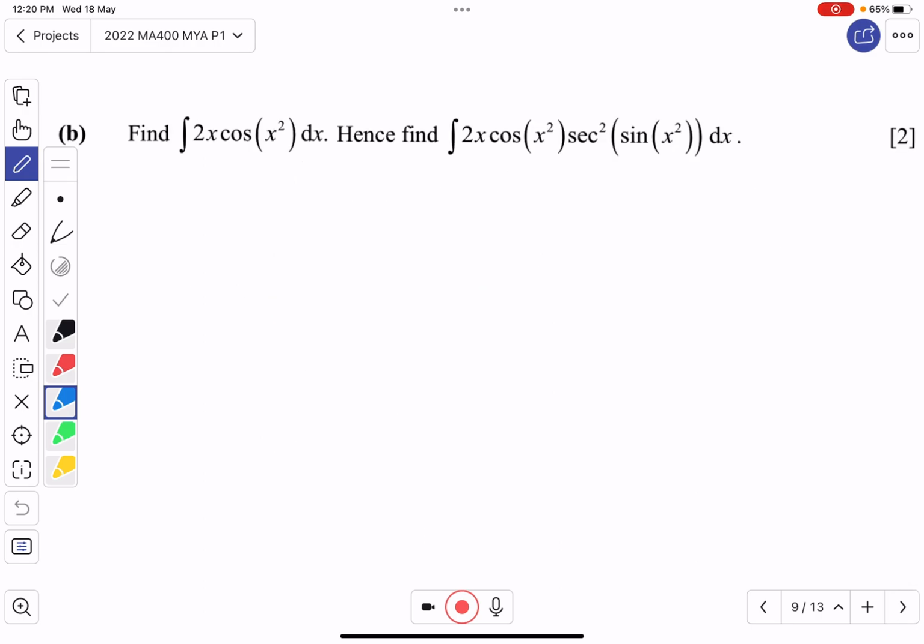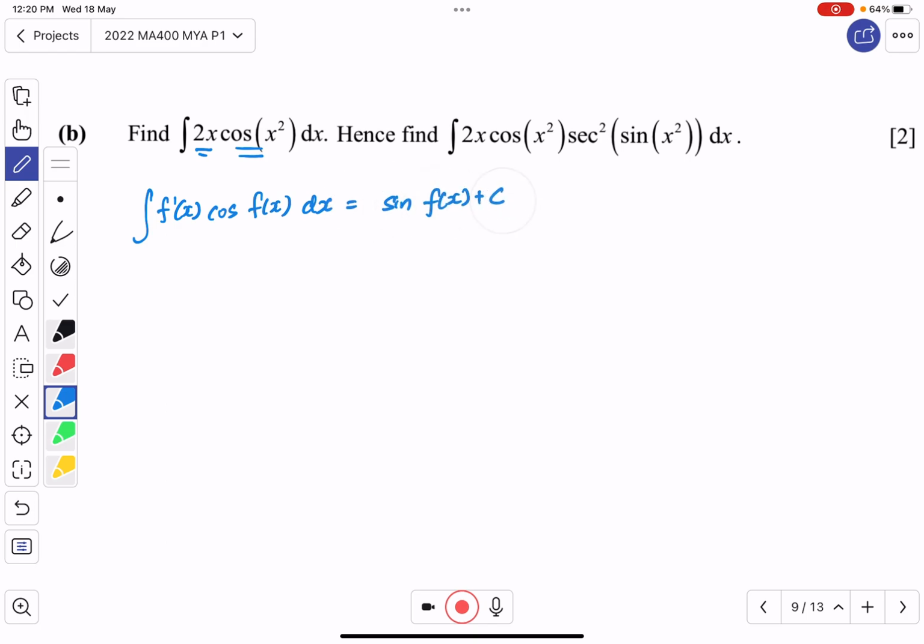So next question is 7b. I'm supposed to find the integral of 2x cosine of x squared. Here, we can use the formula that we have learned before, that the integral of cosine of fx multiplied by f prime dx is the same as the sine of fx plus c.